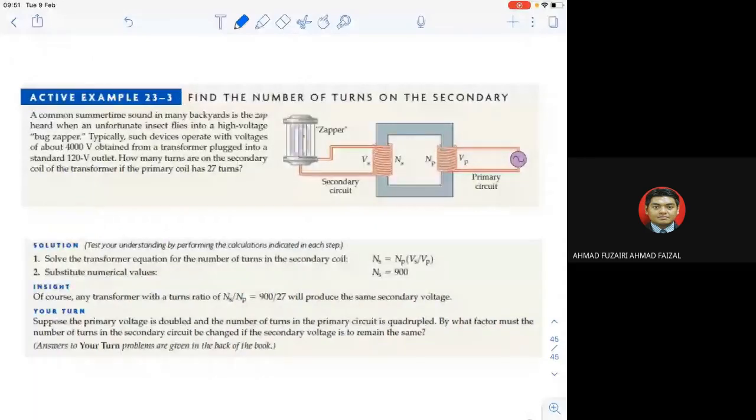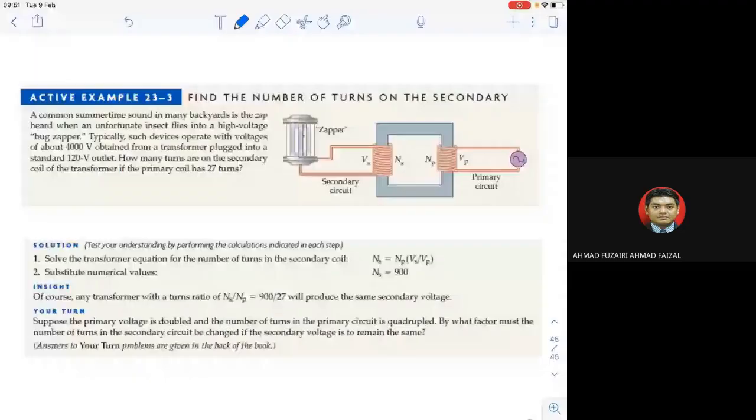A common summertime sound in many backyards is the zap heard when an unfortunate insect flies into a high voltage bug zapper. Typically such devices operate with a voltage of about 4,000 volts obtained from a transformer plugged into a standard 120 volt outlet.